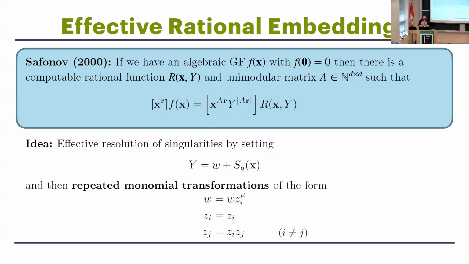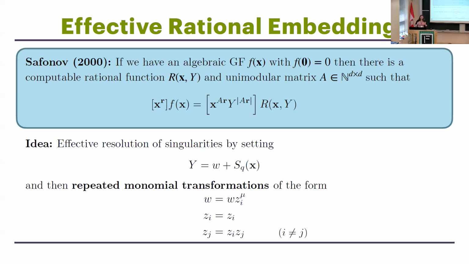And the idea behind it is an effective resolution of singularities, which is done by setting y equal to w plus s_q of x. This is where I said I wanted some initial terms of my generating function. So s_q of x here is just the terms of my generating function up to degree q. So I don't need my entire generating function, but I do need some of those terms.